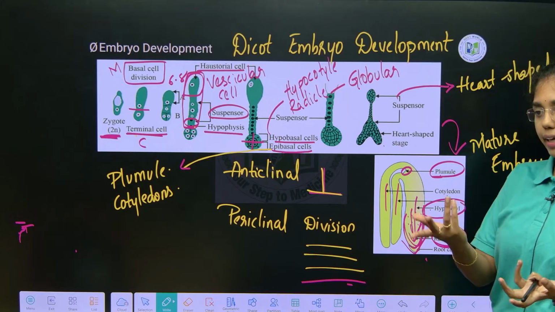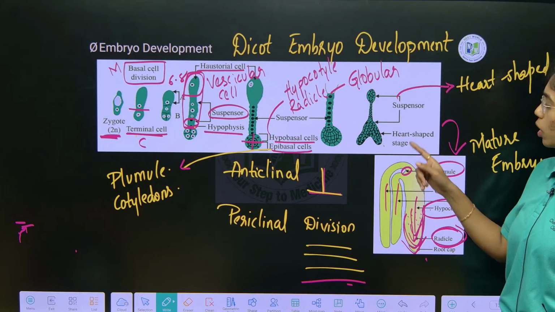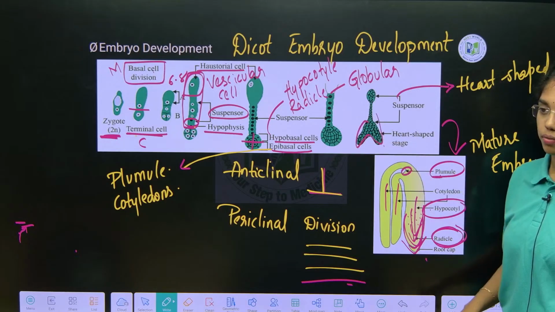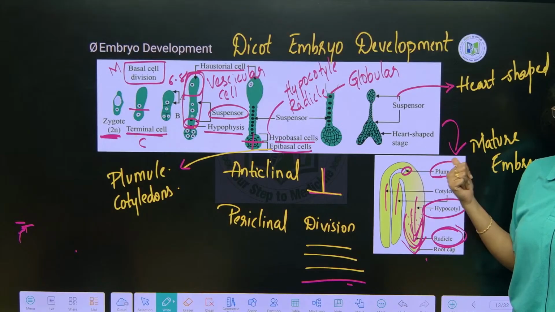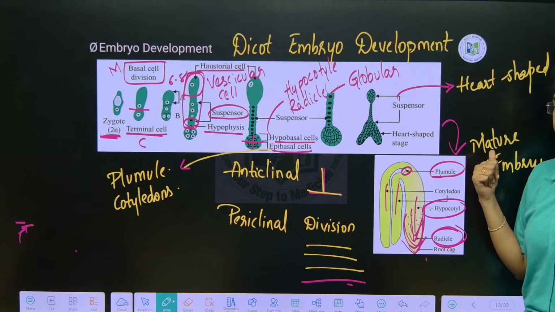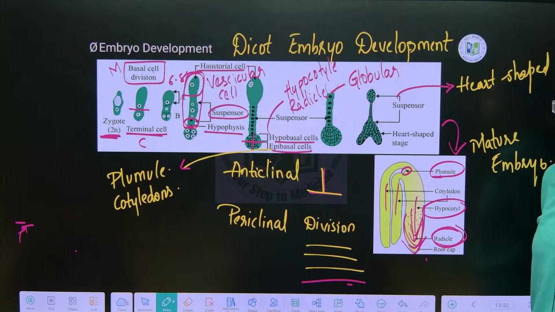Like that you can remember, because it is having two cotyledons. Fine, right? Any doubt here? Did you note down the stages properly? Take it down quickly. Proembryo.